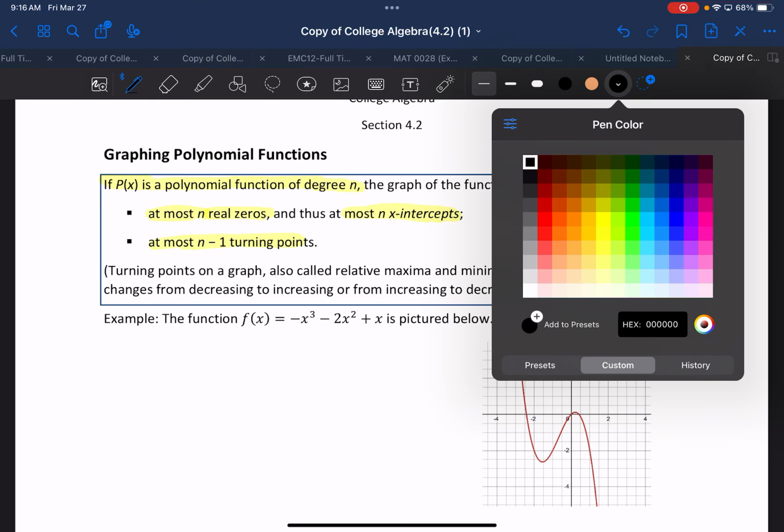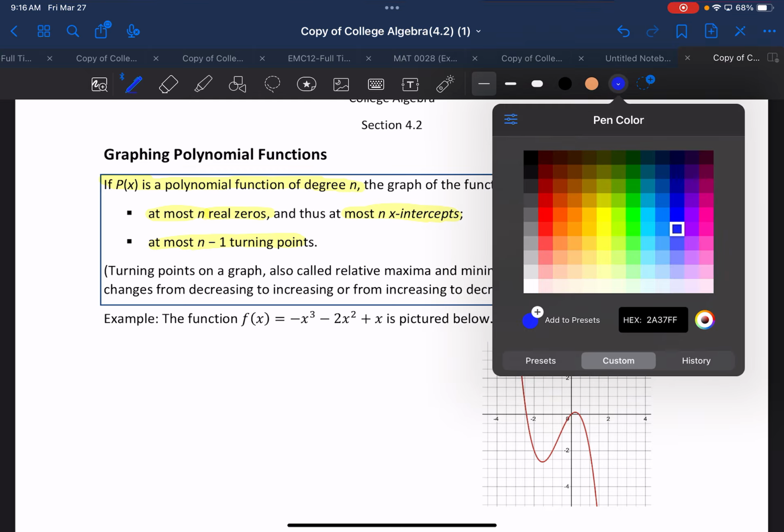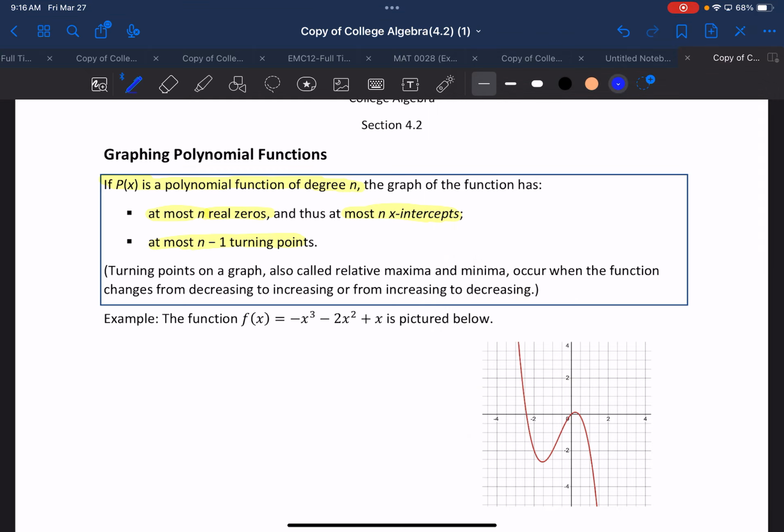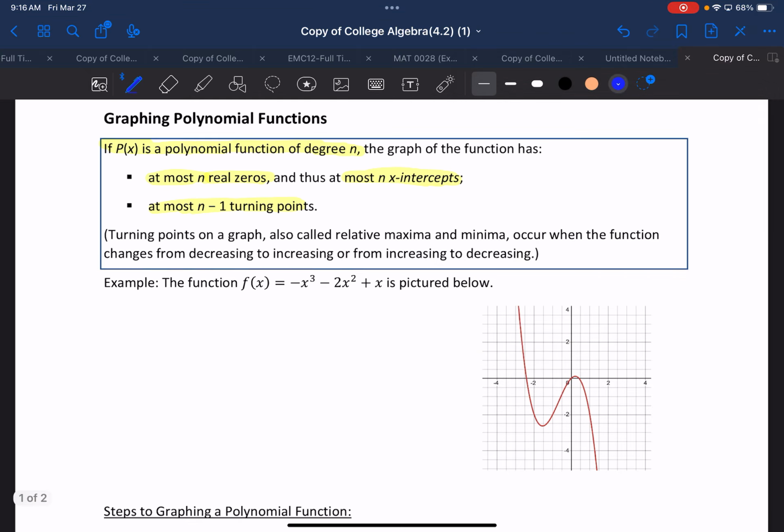That's why they're called turning points. On this picture down here, an example of the turning points of this graph would be this point at the bottom of that valley or dip, and then this point, which is at the top of that hill.